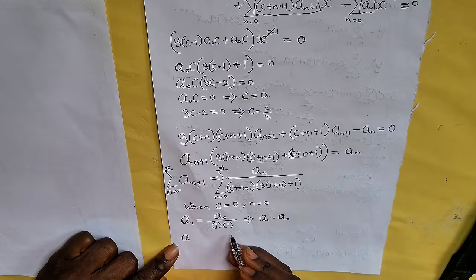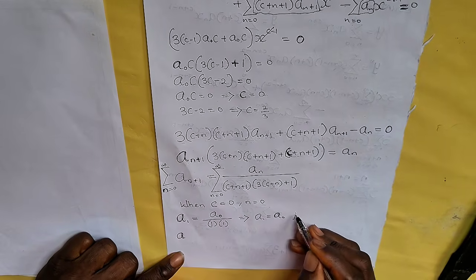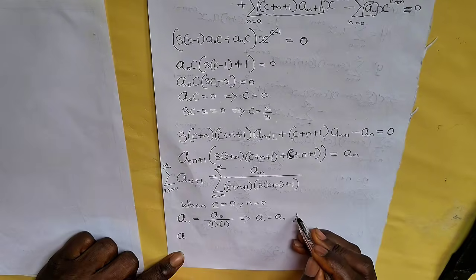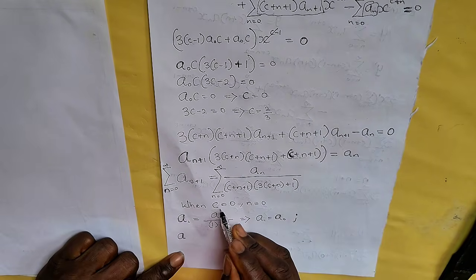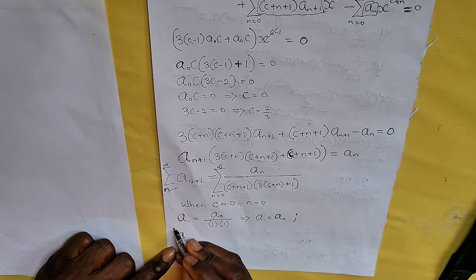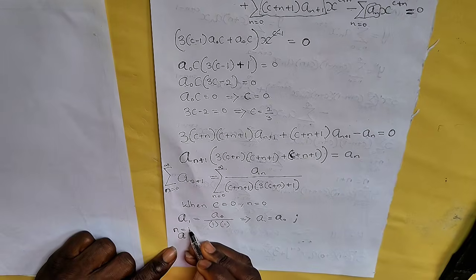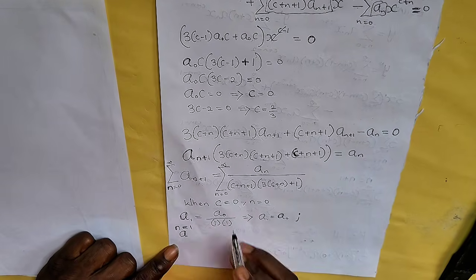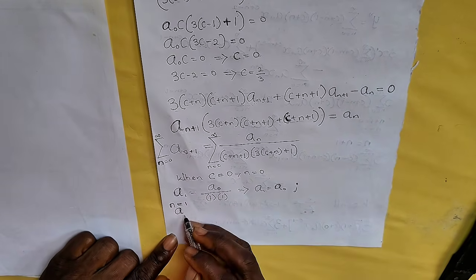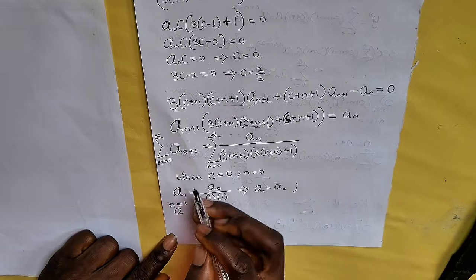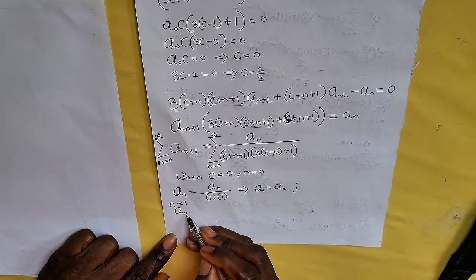Let's now take for when we are still dealing with when c is equal to 0. So at n equals to 1 now, when n equals to 1 and c is remaining 0, what am I going to have here? I will have 1 plus 1. I'm going to have 2 as this one.